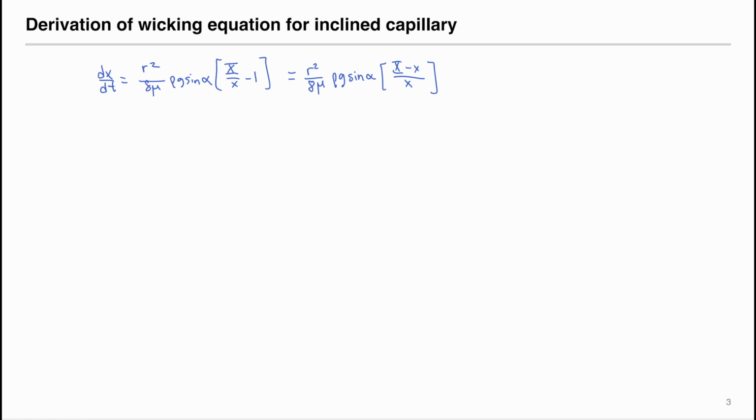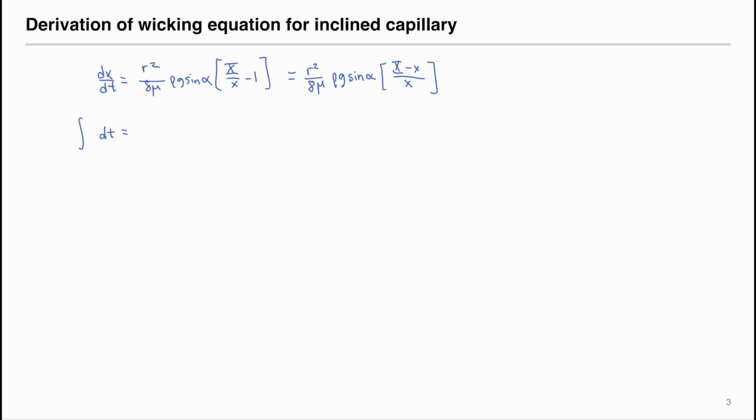Right, the next step would be to integrate. So we want to separate the variables. So on the dx side, we'll have dx on the right side and dt on the left side. dt will only have dt, so it multiplies to the right, but I write it in the left.